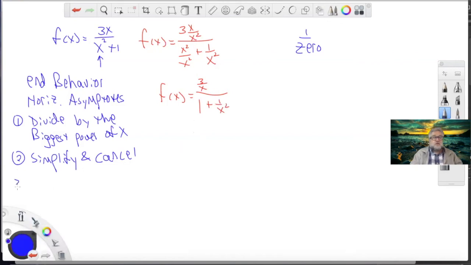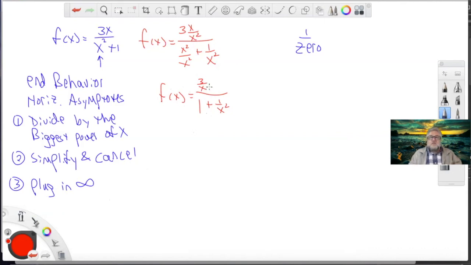Step 3. Plug in infinity. Plug in a big honking number. So over here to my function, if I get 0 over 0, then I don't have a limit. Something funny happens. But let's see what we get here.